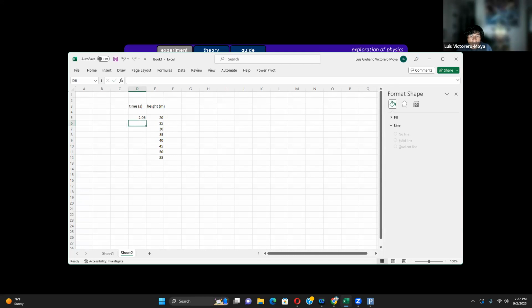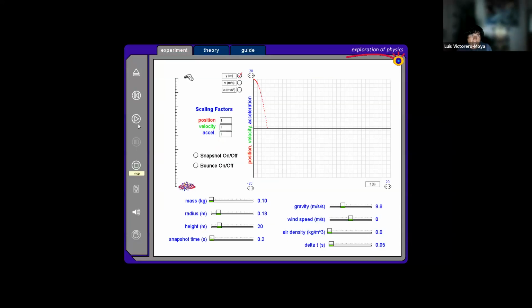So I'm just going to use one of the measurements because the simulation won't give you a large uncertainty. Oh, actually, that's better. 2.3.